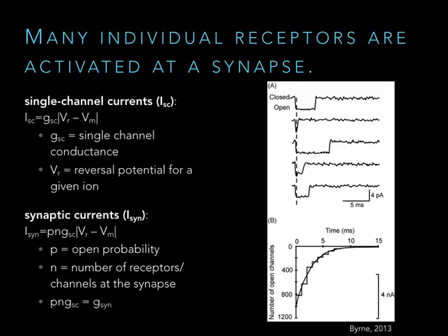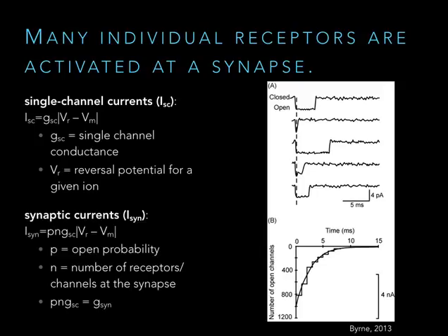You won't need to know this. This is just for the mathematically minded folks. But if you look on the right, you'll see on top, those are the single channel currents. Some are open for a brief period of time, some for longer. And when you add all of those up, at the very beginning, all 5 are open. Very soon after, one of them closes, a little bit later another closes, then another, and then a little bit later the last one closes.